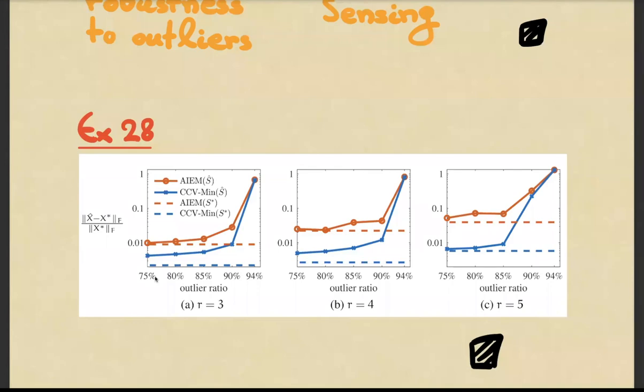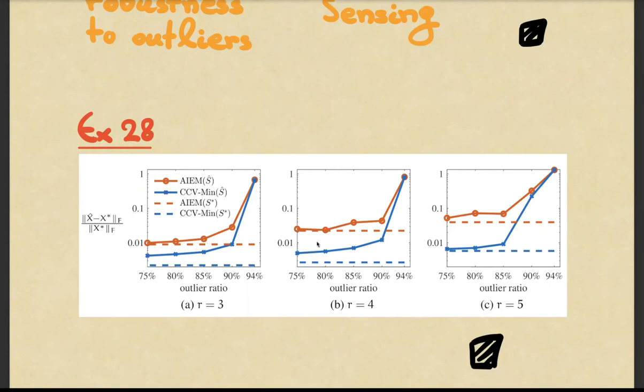So only 25% are the inliers, and the rest are outliers. And in the vertical axis is the estimation error. It is the ground truth matrix X, here called X star, its difference from the output of the algorithm, X hat, and then the relative error.